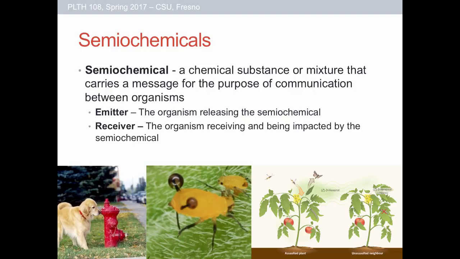So they can detect it, and it has some sort of biological relevance to them. And so this will come up a fair bit, the emitter versus receiver, as we start breaking down these different classes of chemicals.